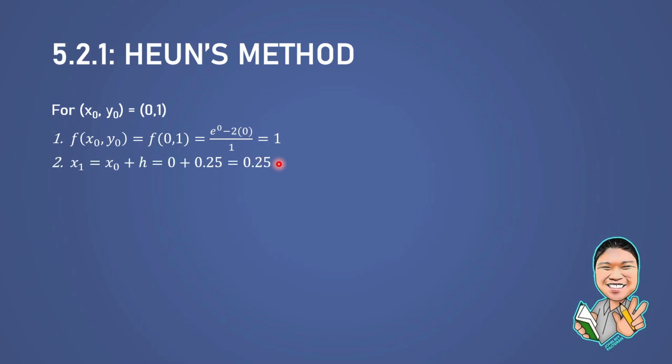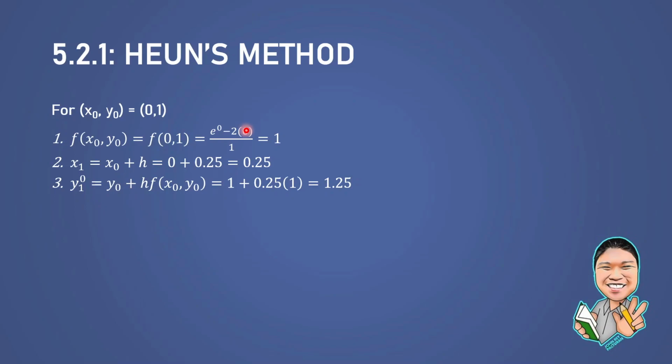And the next step is hanapin natin yung x1, which is equal to x0 plus h. So, 0 plus 0.25. So, ang sagot nga is 0.25. Then, the third step is hanapin natin yung predictor, yung y sub 1, 0. Y sub 1, 0 is equal to y0 plus h f of x0, y0.